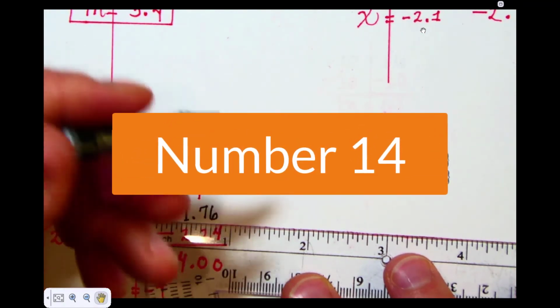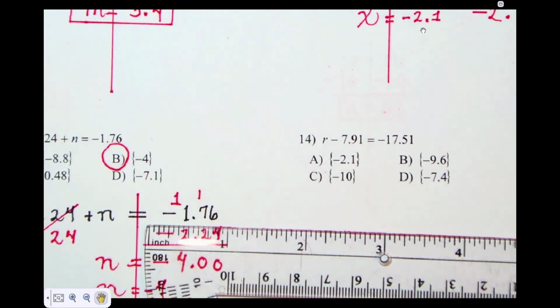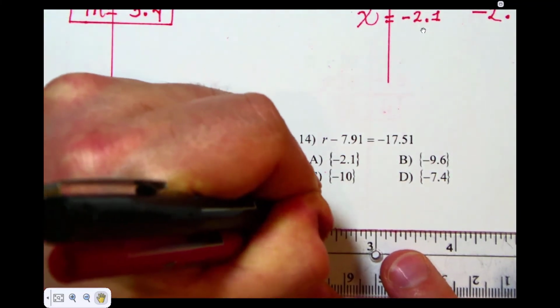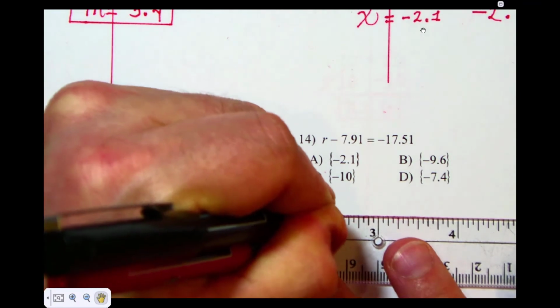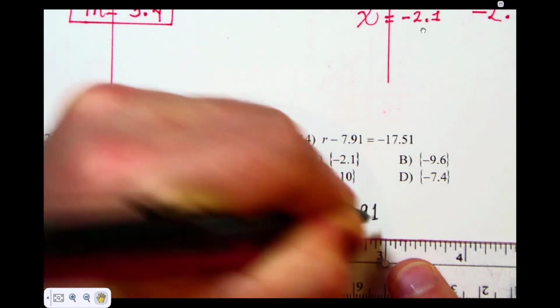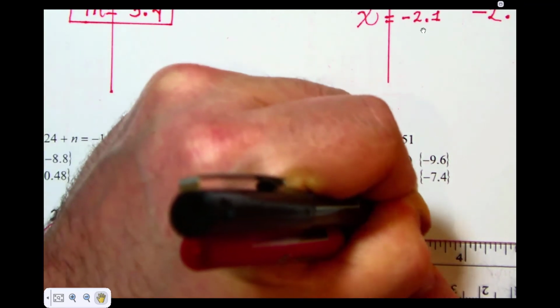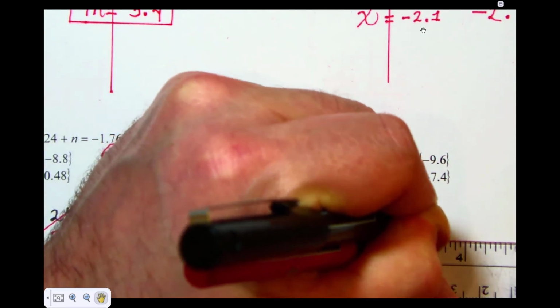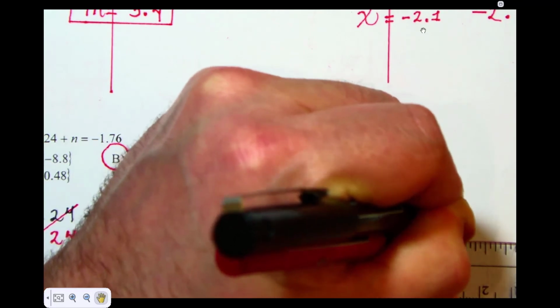Number 14. R minus 7.91 equals negative 17.51.